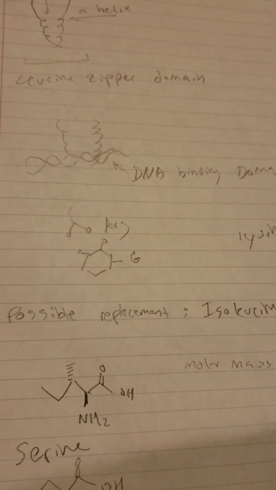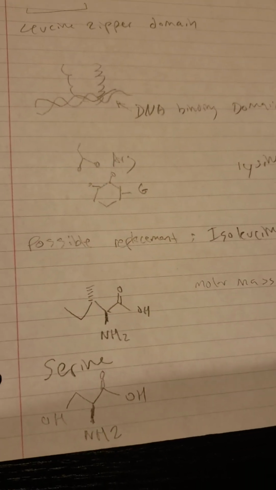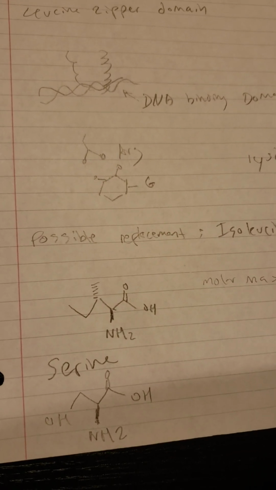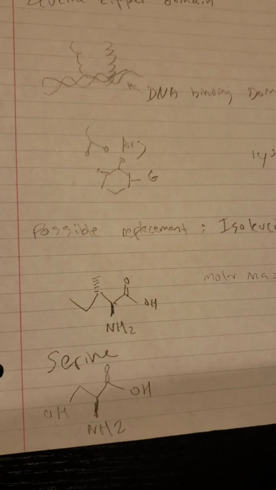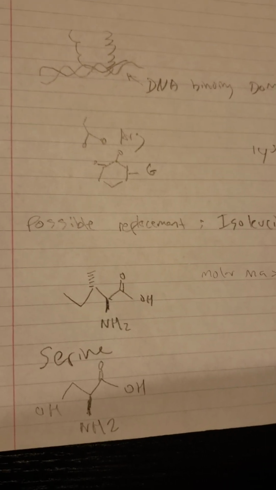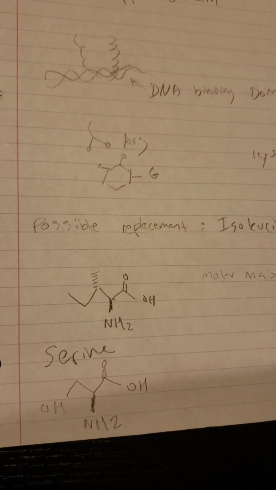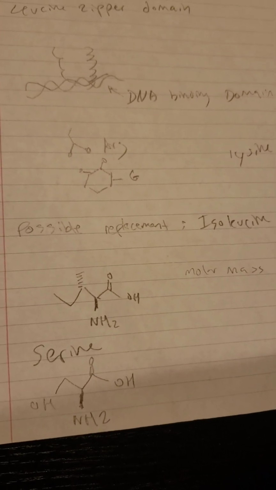So, a possible residue that could destabilize this structure would be serine, because serine is actually hydrophilic, and being hydrophilic, it will break down the hydrophobic interaction between the lysine chains.